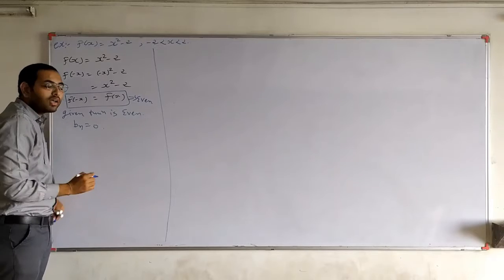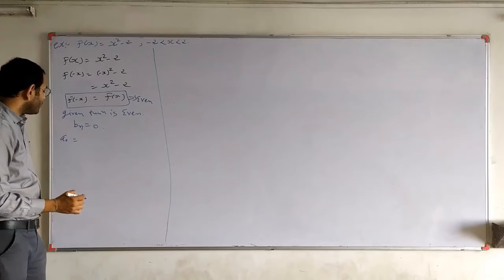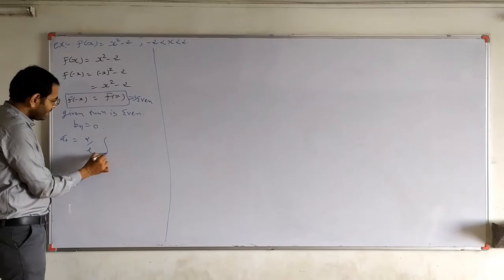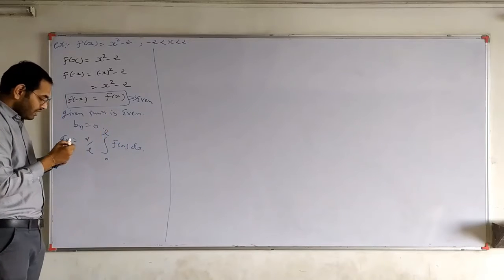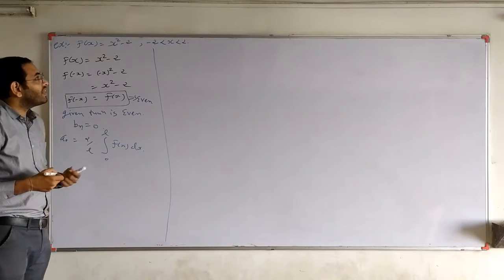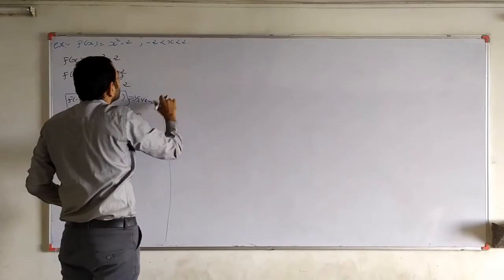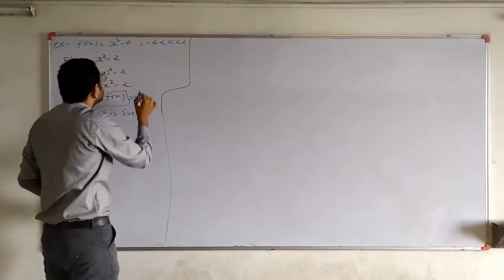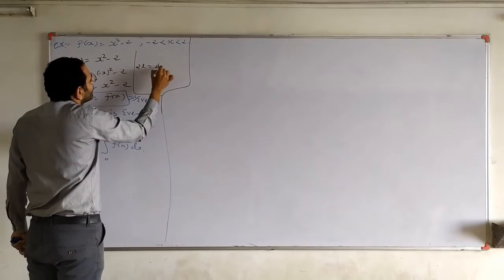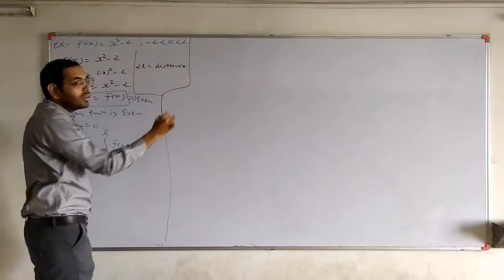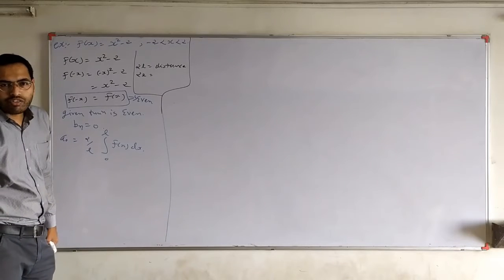No need to solve bn. Now a0. For a0 we have the formula 2/L times the integral from 0 to L of f(x) dx. First we must find L, which is half the length of the interval, so 2L equals the distance.